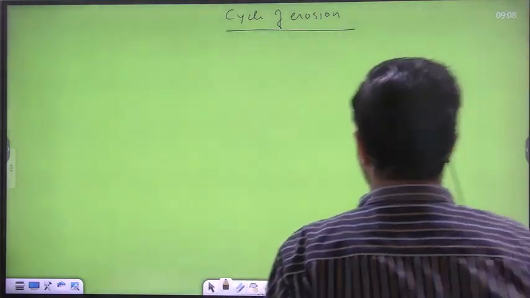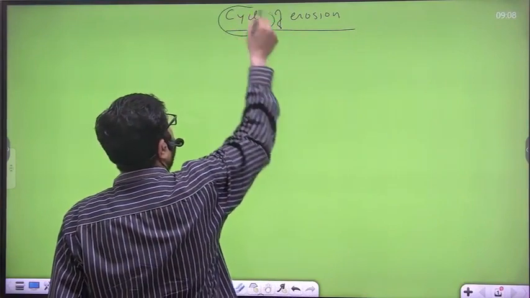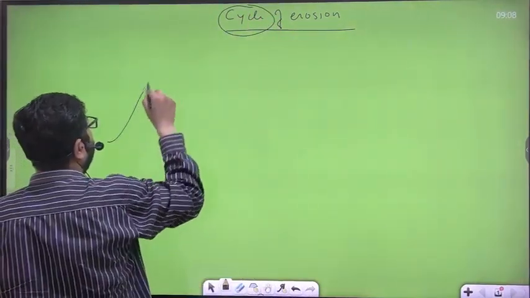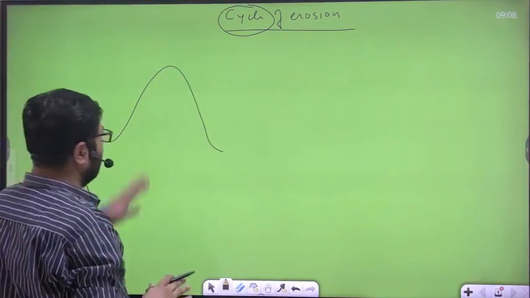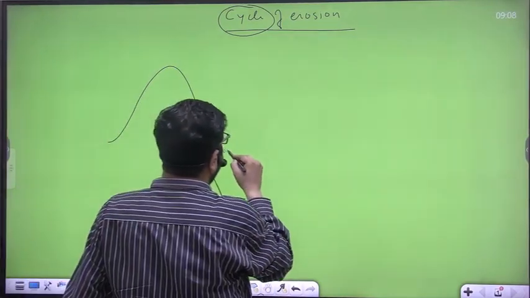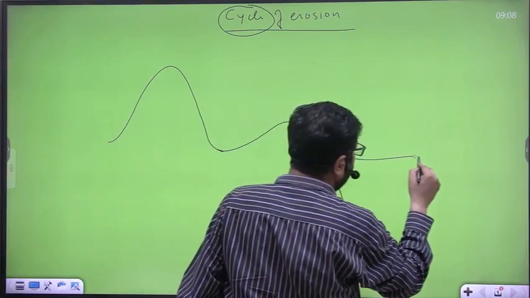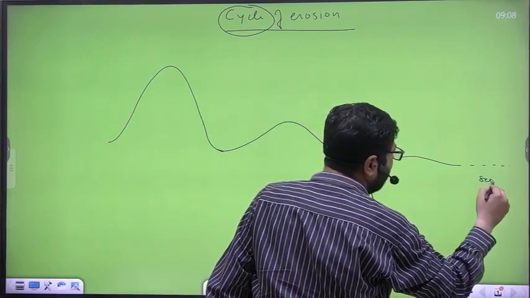Cycle of erosion. What do we mean by cycle? Cycle is the duration. Suppose this is an uplifted landform. Gradually, by way of erosion, it is weathered and eroded, and ultimately it is reduced to sea level.